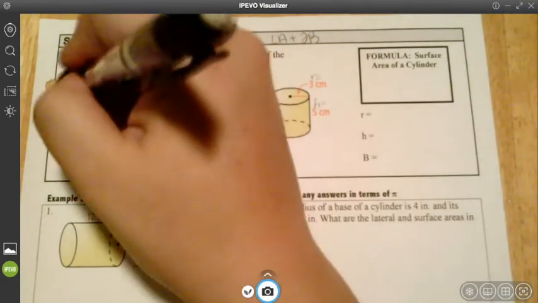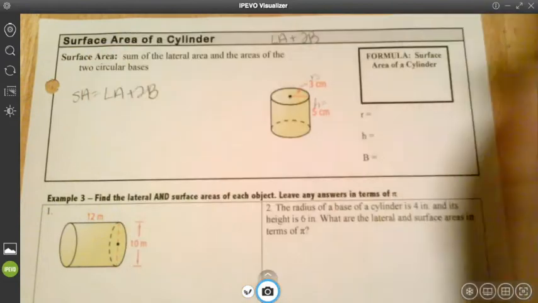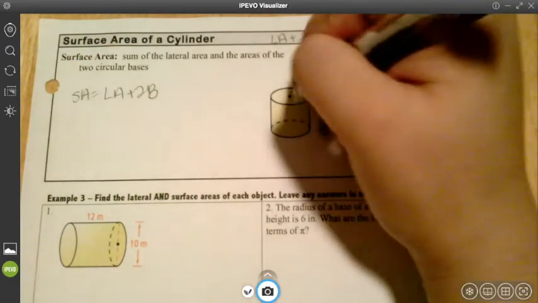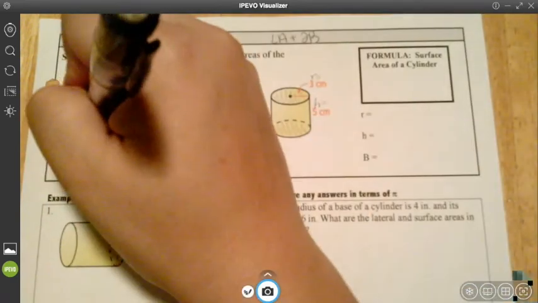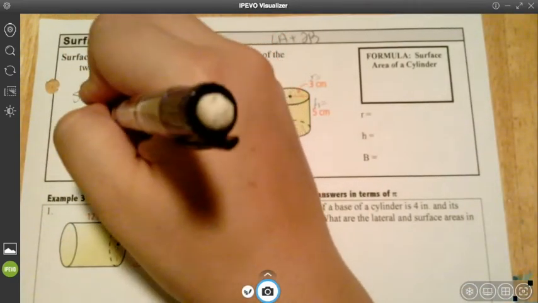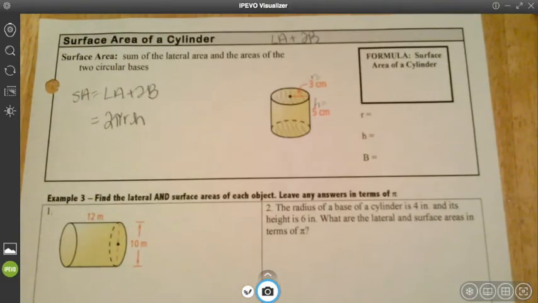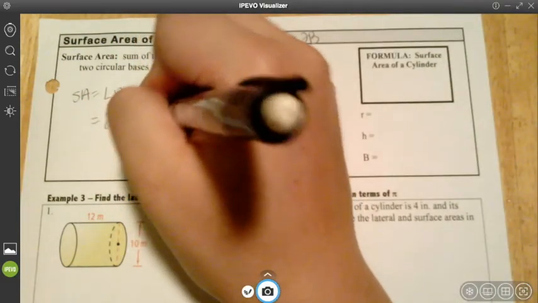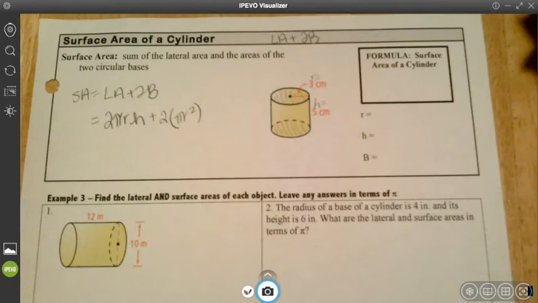So the surface area is lateral area plus 2 bases. Same formula as before, but we can simplify it. Lateral area will always be 2 pi r h because a cylinder always has the same shaped base, plus 2 times our base, which will always be pi r squared because it's a circle.